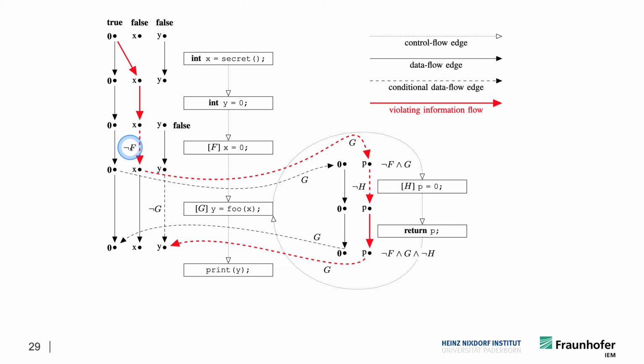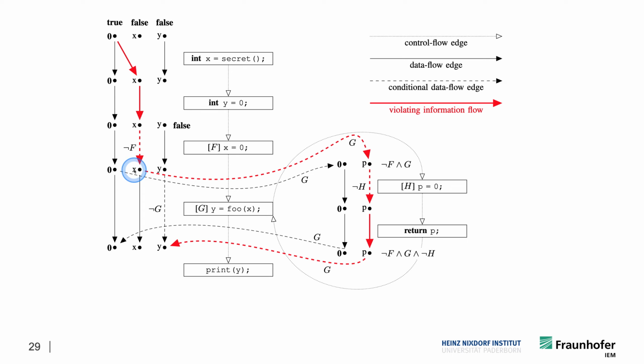That's why this edge is flagged with not F. This basically comes out of the disabled case, out of the identity function. Y is never touched, so here we remain at the identity function in all cases.